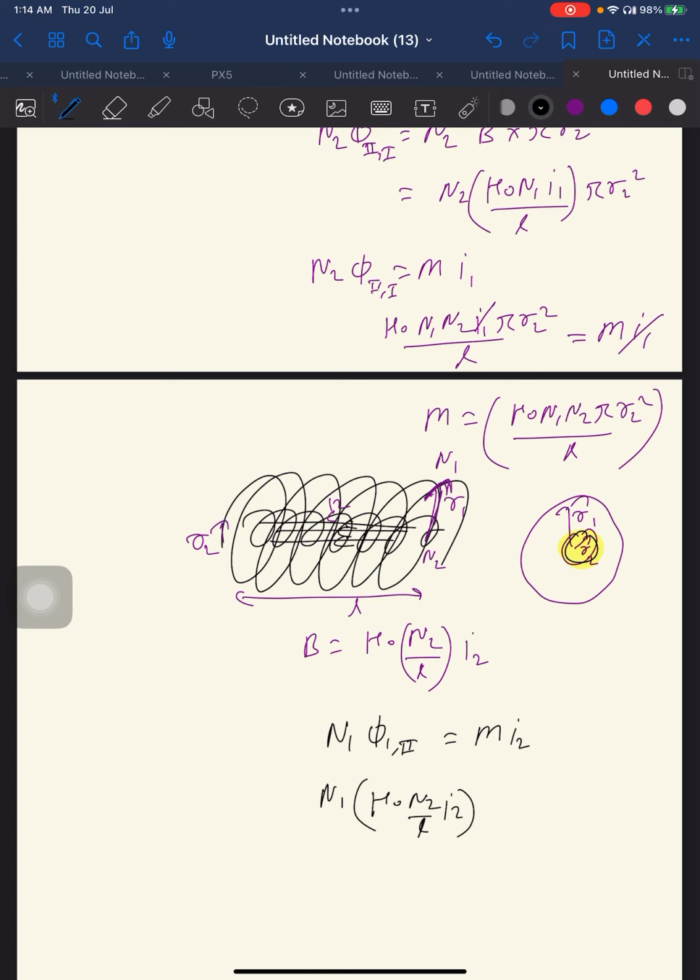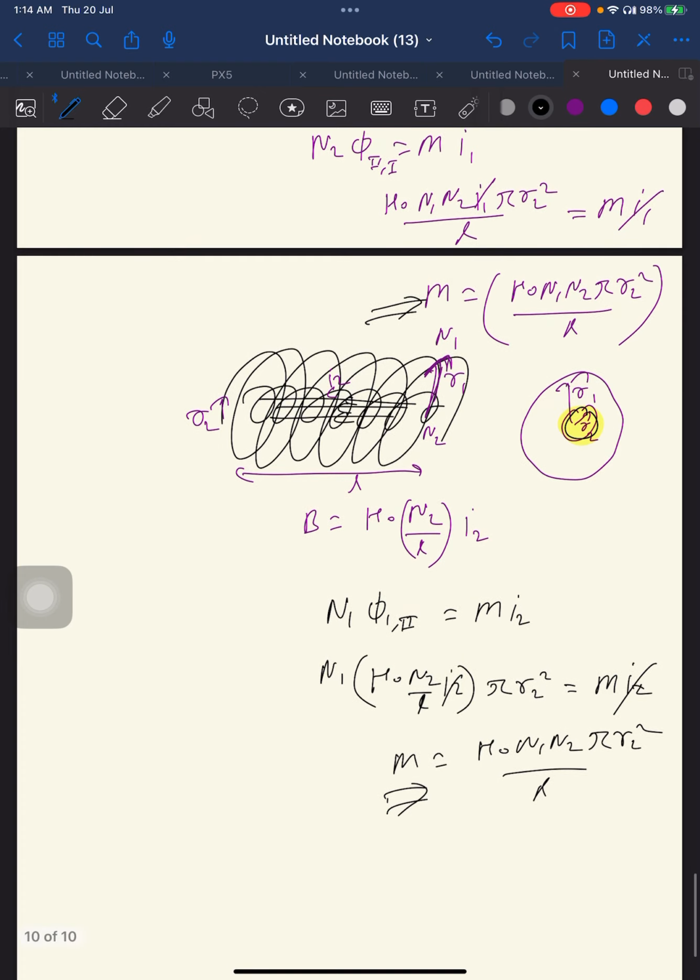So here pi R2 square is only going to come. That is equal to M I2. So I2 will get cancelled out, and you can see easily that mu naught N1 N2 pi R2 square by L, the same result, comes here, and the value of M becomes the same. This is our reciprocity theorem, which I have told: M, whether you find it due to current in 1 on 2 or the reverse, you get the same. I hope this is clear.